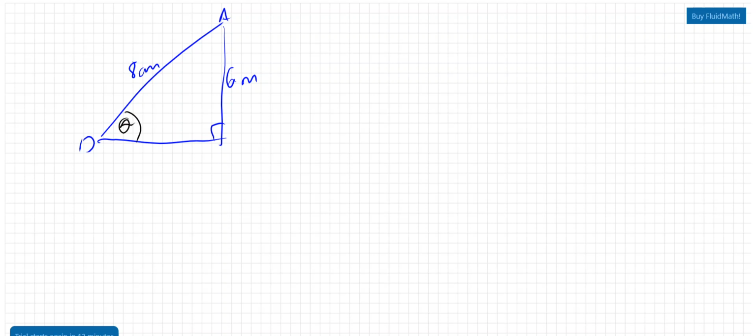I've got two side lengths given to me. Let's label our sides. So I've got opposite here. I've got the hypotenuse there. And I'm going to be using those two. Now, which one out of our trigonometric ratios has O and H? If it helps, please write this down. So, SOH CAH TOA.